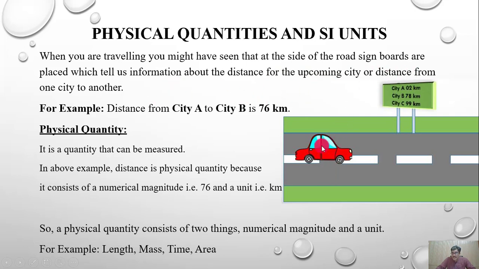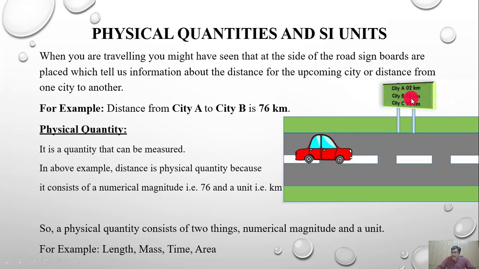Here is a picture in which a car is at this location. Suppose you are sitting in this car. From this location, you see one signboard at the side of the road. If you see this signboard, what is here? City A is 2 kilometers far.